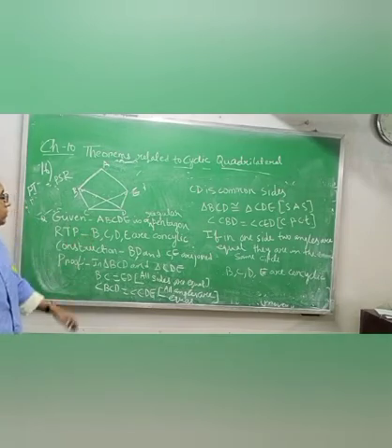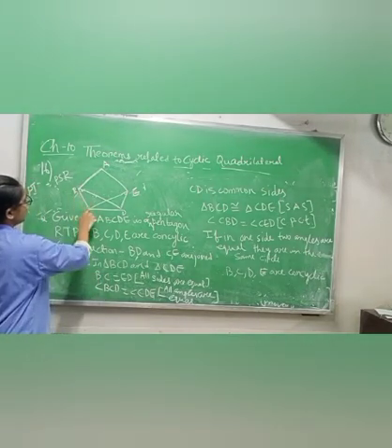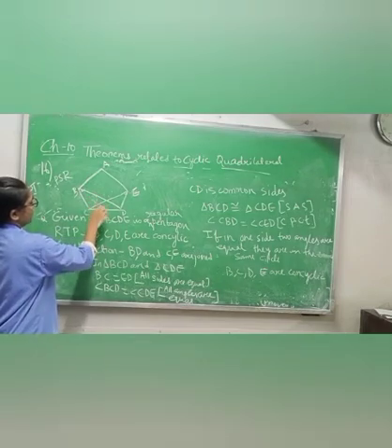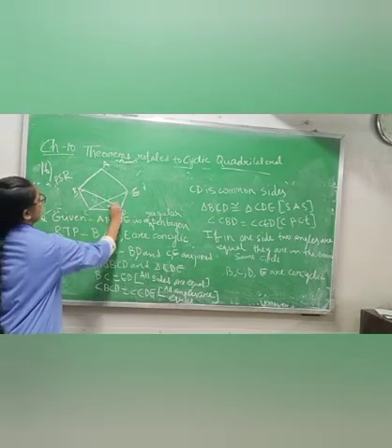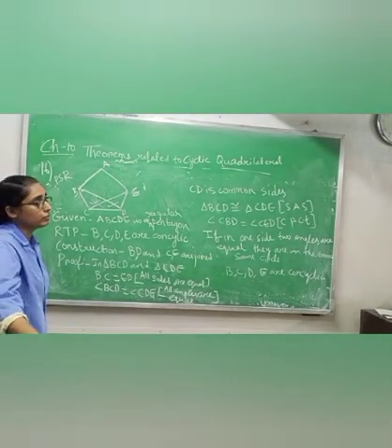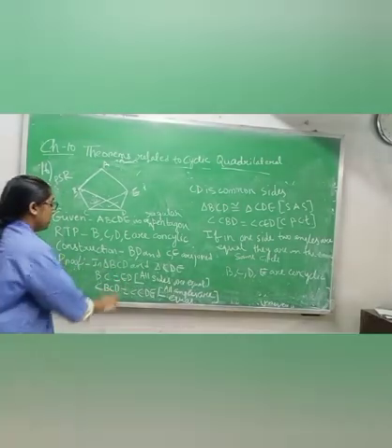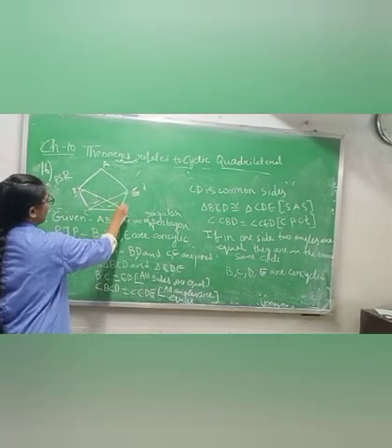Now after joining BD, you can see that you are getting 2 triangles, BCD, this triangle, and one more triangle, CDE, this triangle. Okay, you are getting these 2 triangles. In these 2 triangles, first I am proving whether they are congruent or not. Now BC equals ED. Why?